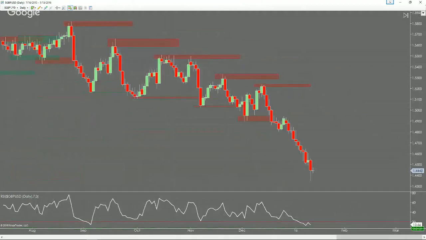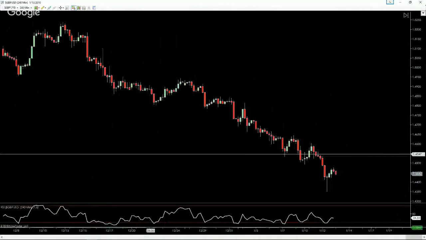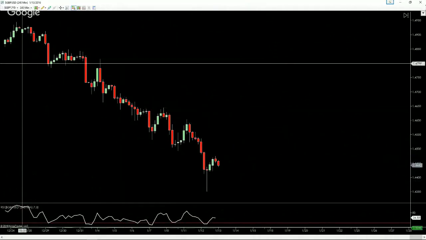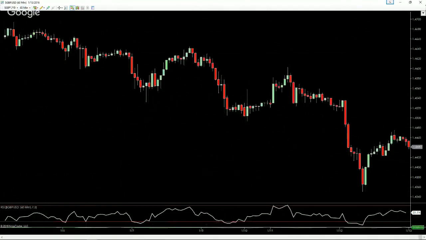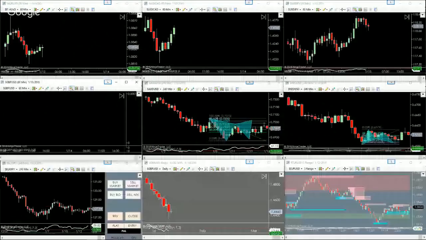Still bearish, and we're still in the oversold level. Nothing yet.